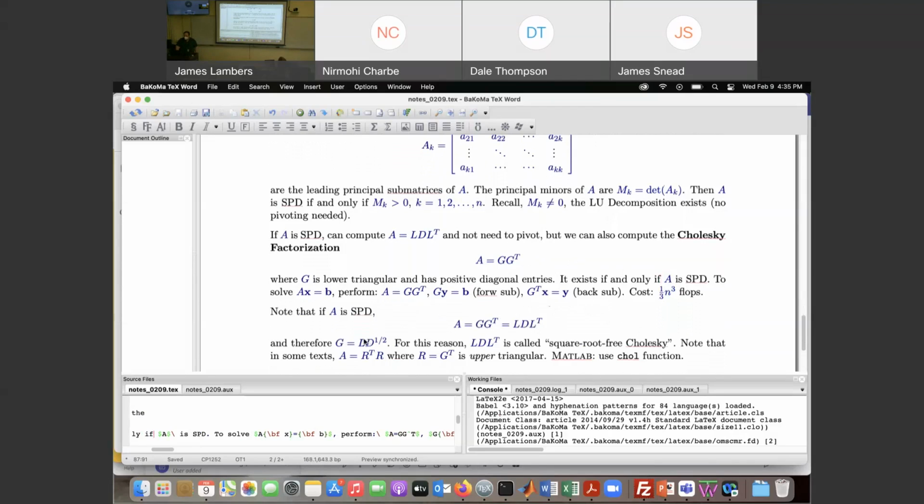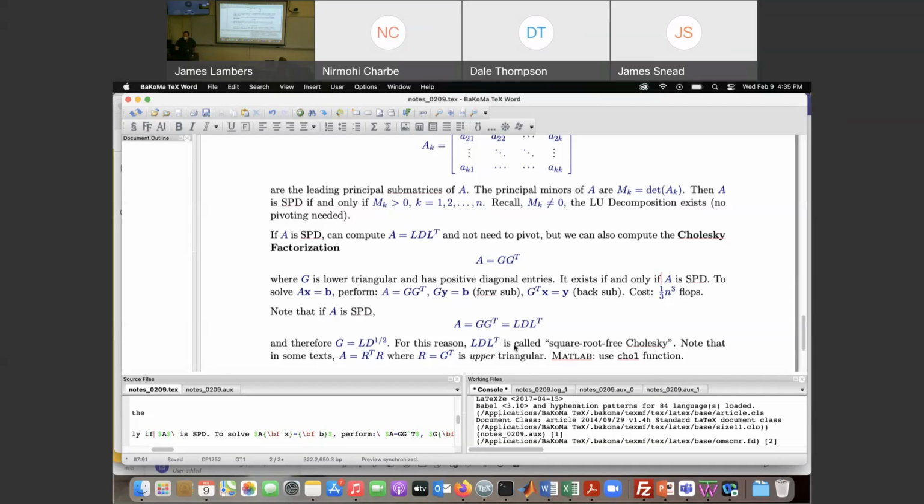So G is equal to L times D to the 1/2, which is just a diagonal matrix where you're taking the square roots of the diagonal entries of D, which should be positive. Actually, it can be proven that they're positive when A is SPD. So because these two factorizations are closely related, if you have one, you can compute the other very easily.